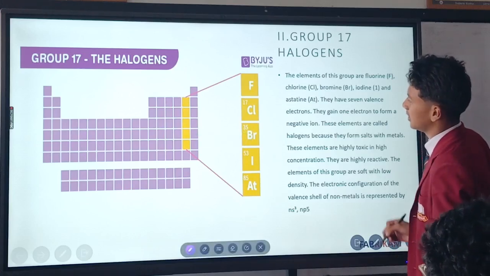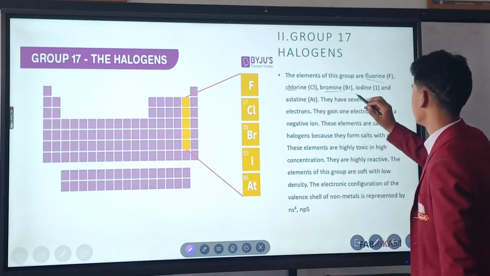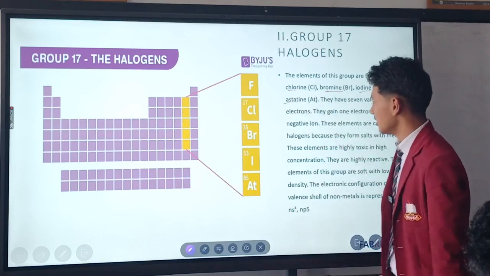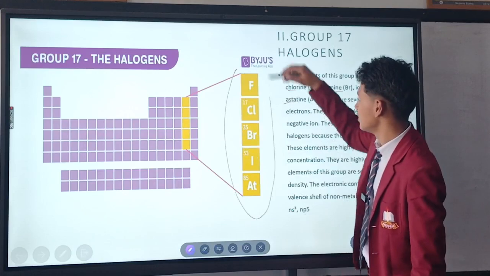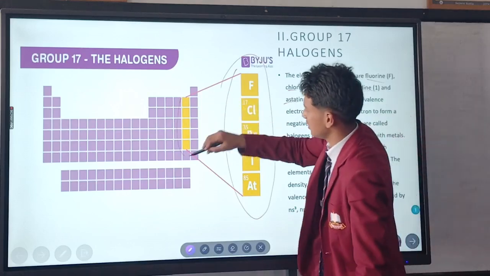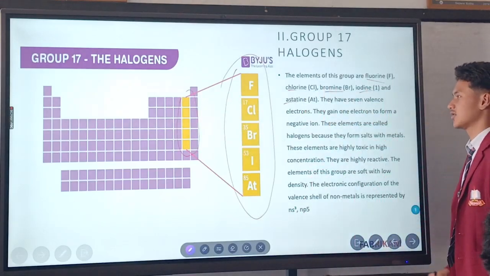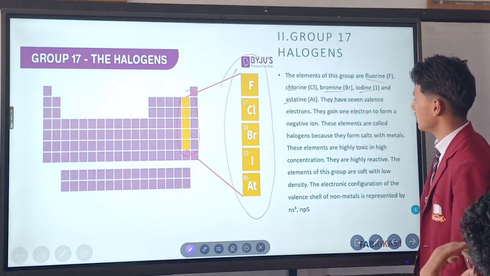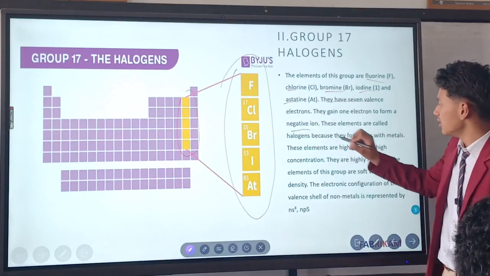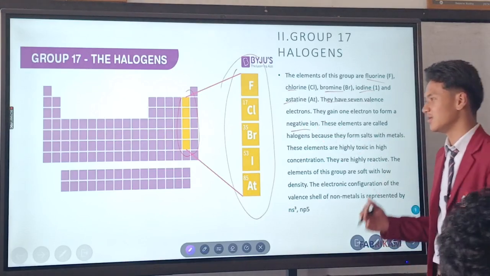So, the elements of this group are fluorine, chlorine, bromine, iodine, and astatine. As you can see here in the figure, it lies here. They have 7 valence electrons, first of all, and they gain 1 electron to form a negative ion. These elements are called halogens because they form salts with metals.